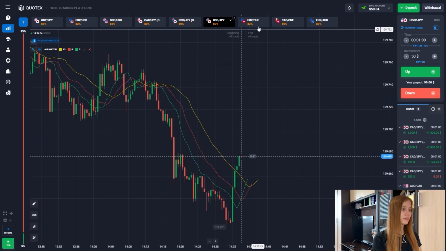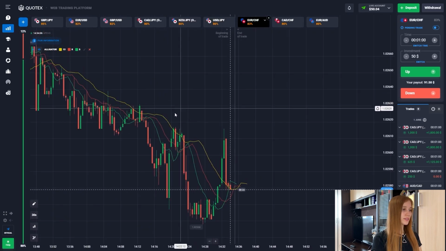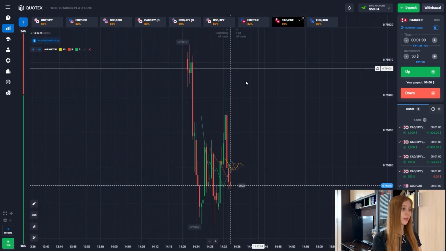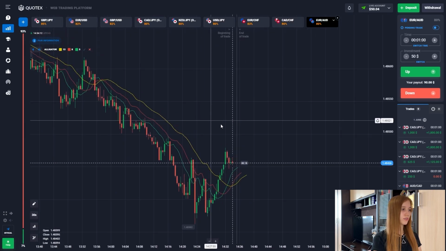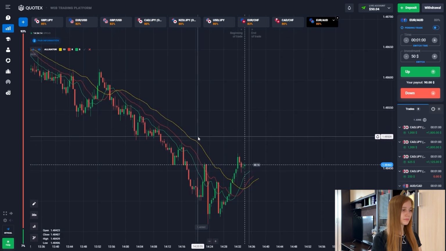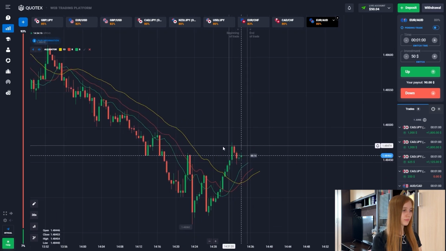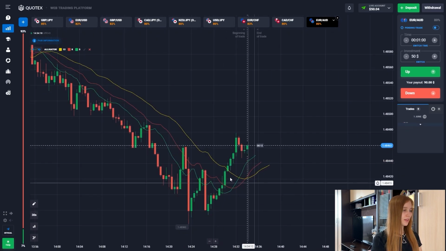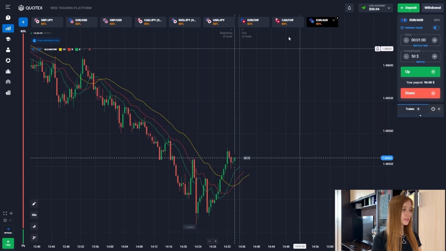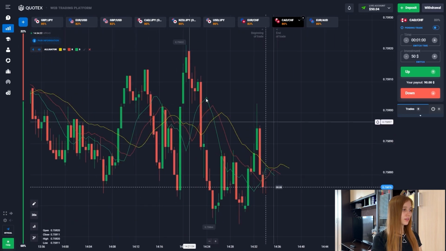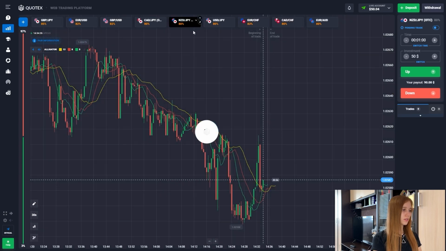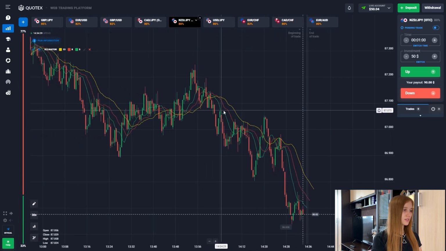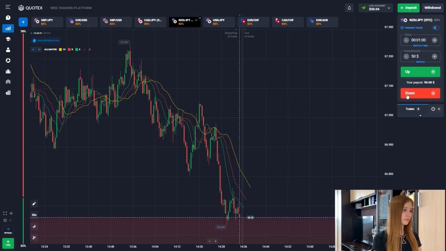And if our second trade is negative, we will open 3 additional trades in the direction of the trend again. Let's close our trades and find a good trade entry.